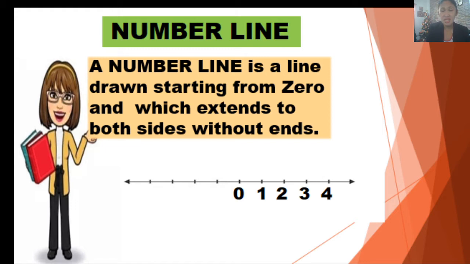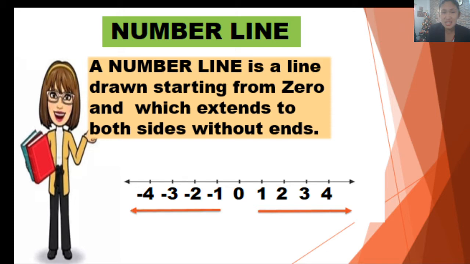These numbers are what we call the positive integers, and this extends infinitely to the right of 0. And to its left, we have the negative integers: negative 1, negative 2, negative 3, negative 4, and so on. This extends infinitely to the left of 0. So that is the number line.